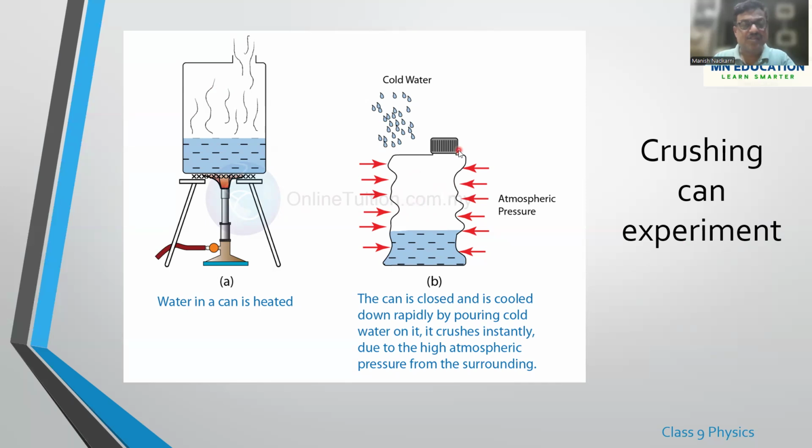Because there is no inlet for the air to come in, we have closed the cap tightly. So this metallic can gets crushed. It crumples and it gets crushed. That's because the atmospheric pressure from the outside and the vacuum inside cause the can to get crushed. So this again proves the existence of atmospheric pressure.